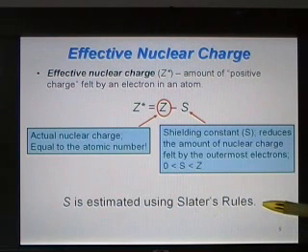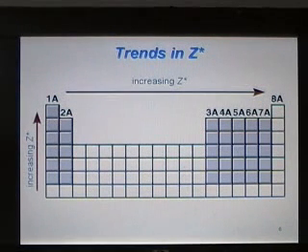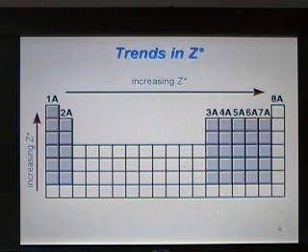And remember that the shielding constant is estimated using Slater's rules. Now, when you look at the periodic table, there is a trend in effective nuclear charge. As you go up the periodic table, the effective nuclear charge increases. And as you go from left to right across the periodic table, the effective nuclear charge increases.